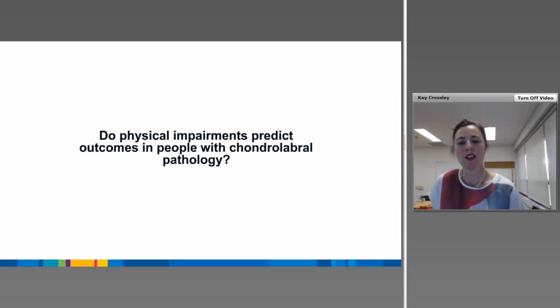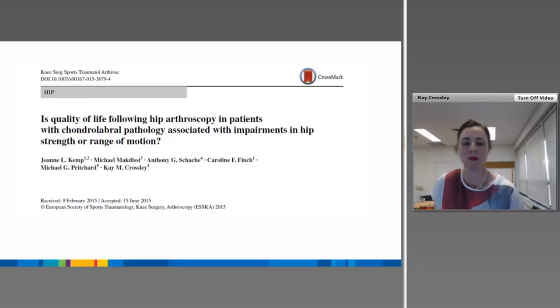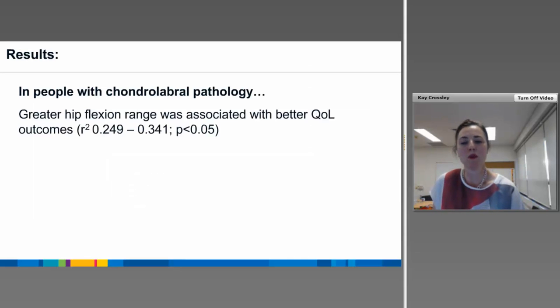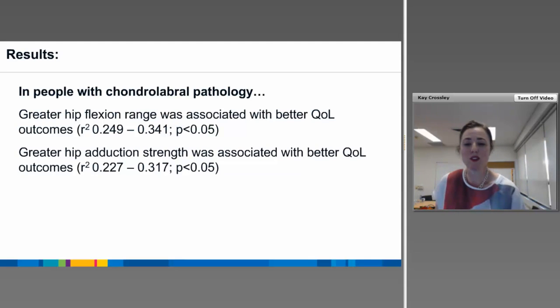So the next question to ask is whether or not these physical impairments are associated with outcomes in people who have chondrolabral pathology. And this study was published earlier this year, where we looked at quality of life following hip arthroscopy in patients with chondrolabral pathology to see whether or not it was associated with the impairments that we saw in hip muscle strength and hip joint range of motion. And what we found was that in the people with chondrolabral pathology, having greater hip flexion range was associated with a better quality of life score.